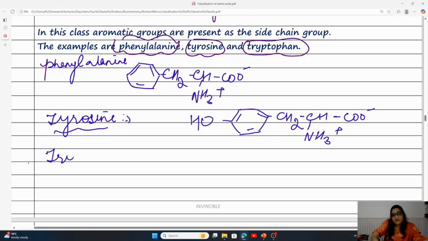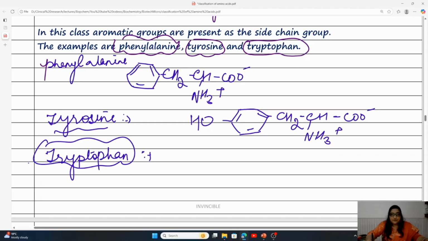Next is the tryptophan. Very important whenever it comes to operon system. So the structure goes like CH, negative, and NH3 positive, CH2. It contains an indole ring.